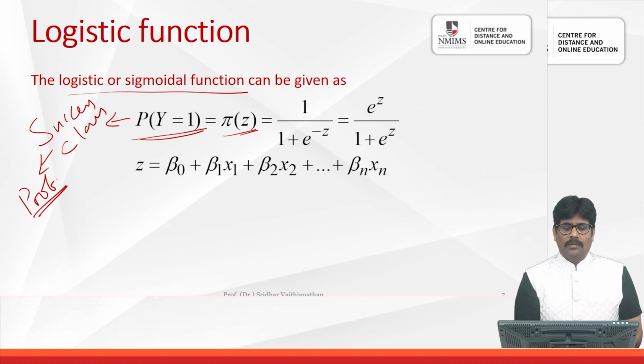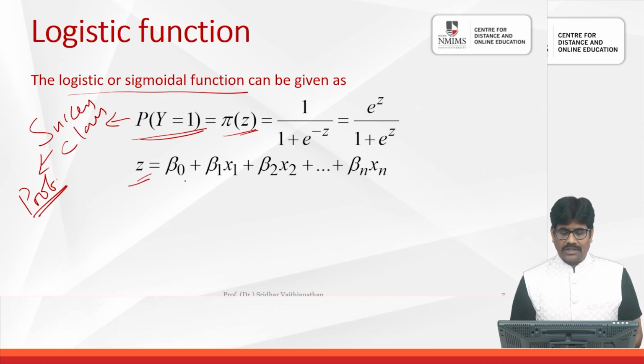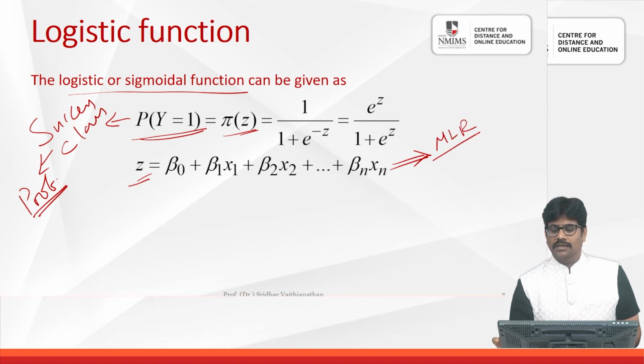Again, pi of z is equal to 1 divided by 1 plus e power minus z, which can be further expanded into e power z divided by 1 plus e power z, where z is equal to beta naught plus beta 1 x1 plus beta 2 x2 and so on up to beta n xn. If you recall, it will ring a bell: this is the equation for multiple linear regression as well.